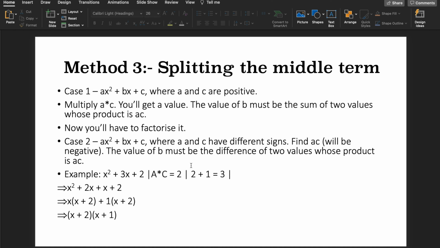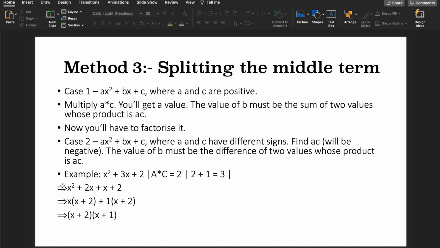So now we have these two values, right? We'll split the middle term to write 2x plus x. I hope that's clear. This is really important.